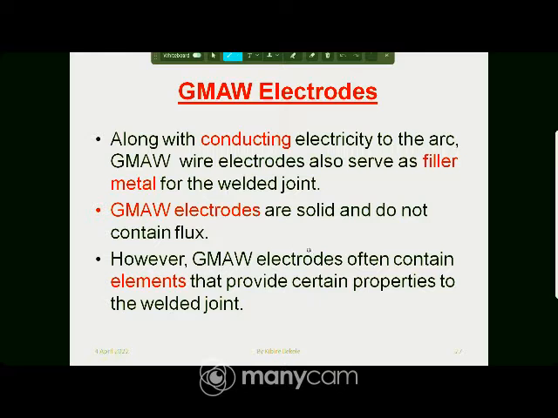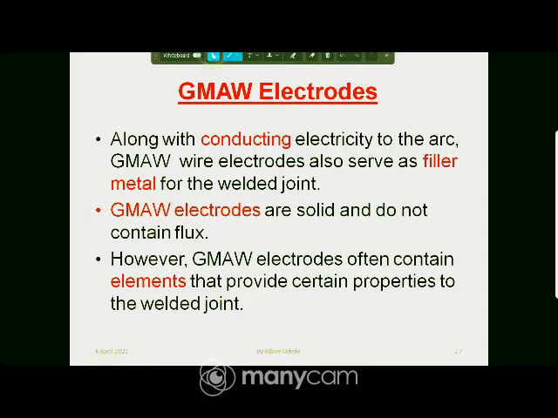However, gas metal arc welding electrodes often contain elements that provide certain properties to the welding joints. These are the properties we need. Maybe we need stiffness, and strength is a requirement of the welding.